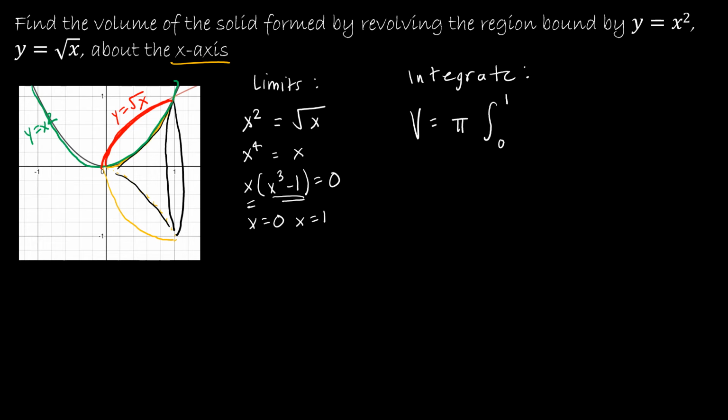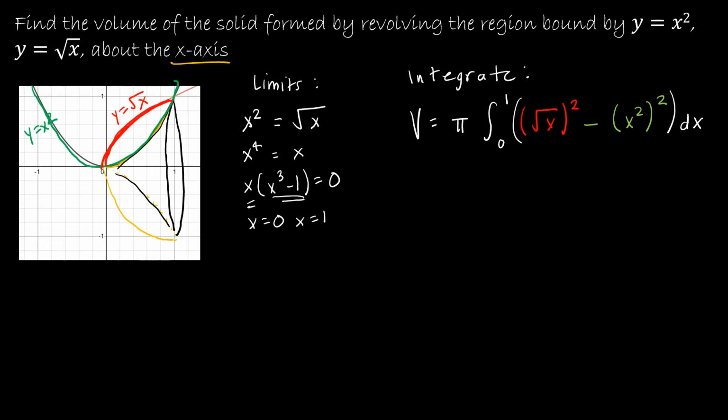So that has to be big R. So that's going to be radical x squared. The little function, or little r, is x squared, and again, squared, and then of course all of that with respect to x.